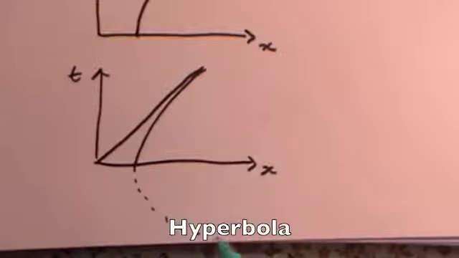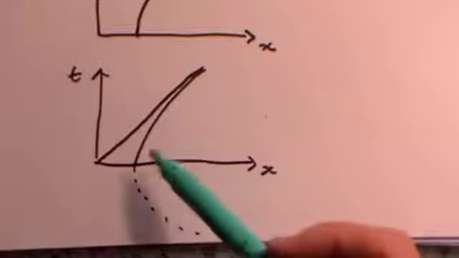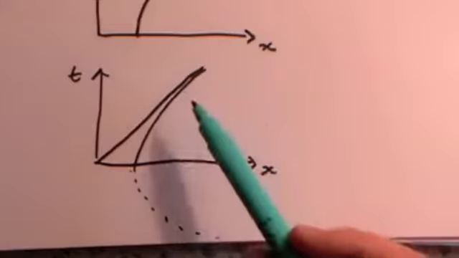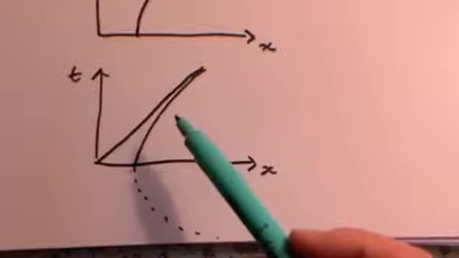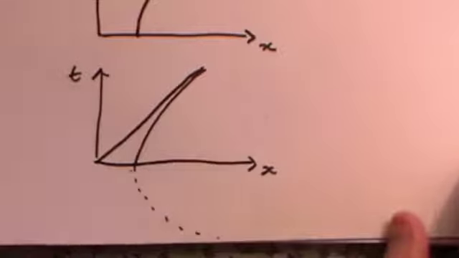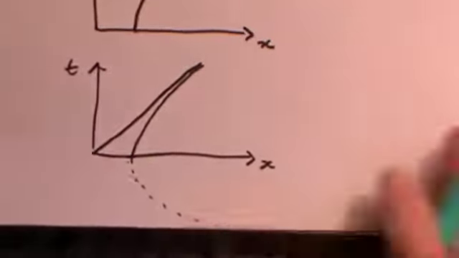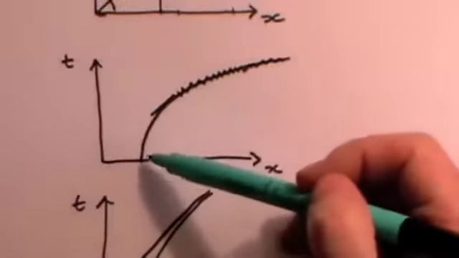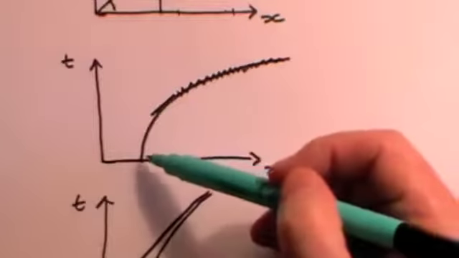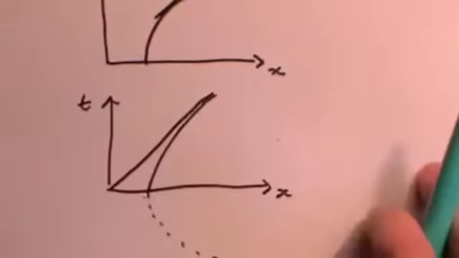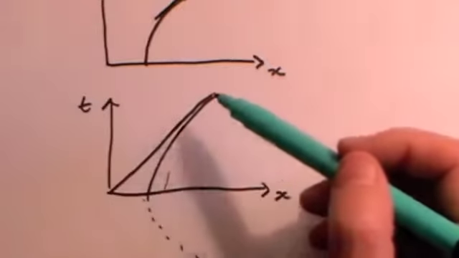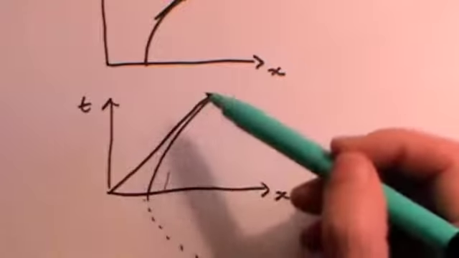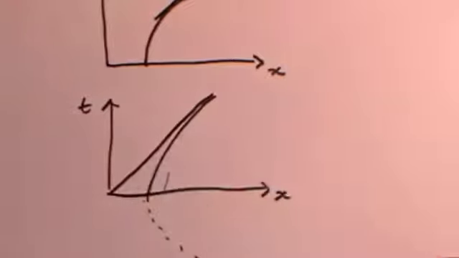This is a hyperbolic function, and it shows how you would accelerate in space-time. Of course, we're talking about acceleration that is getting you up to close to the speed of light. Ordinarily, if you accelerate on a motorway, you probably can do this, but of course the acceleration would not take you anywhere near the speed of light. But when you're accelerating such that you're getting close to the speed of light, that's when you get asymptotically closer to the speed of light, and your acceleration curve becomes a hyperbola.